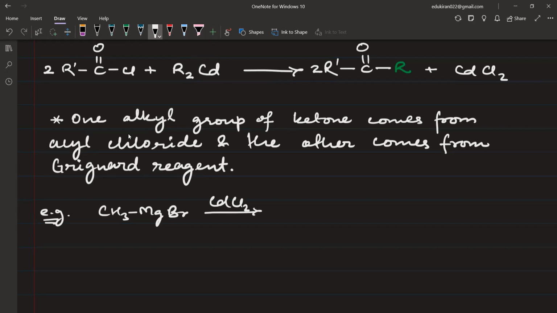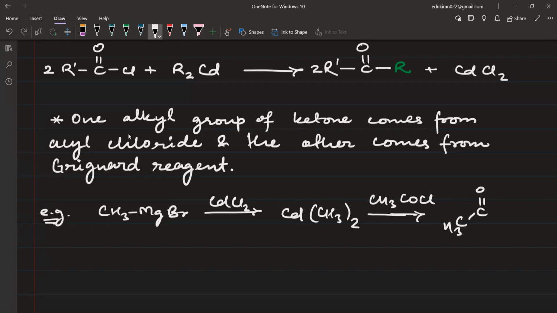So I'm going to get here Cd(CH3) whole twice. Now, if I react the Cd(CH3) whole twice with CH3COCl, then I will be getting what? This CH3 is coming from the acyl group, CH3 C double bond O. And then there is a CH3 which is coming from the Grignard reagent.